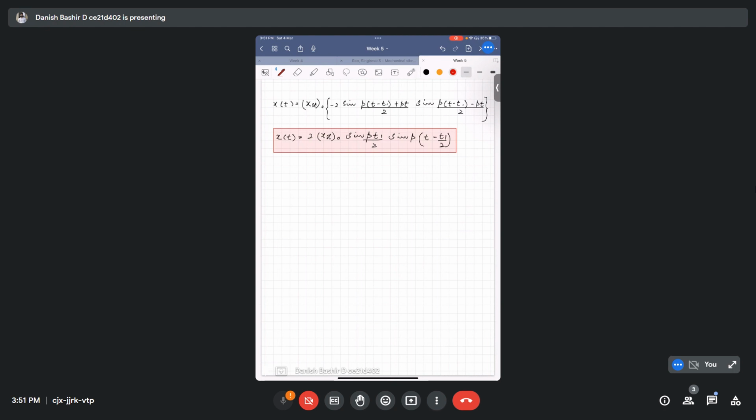Case 3, that is the third one, is the half sine pulse.